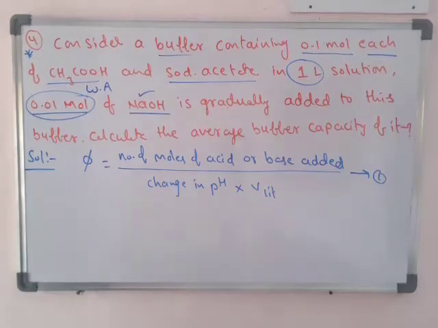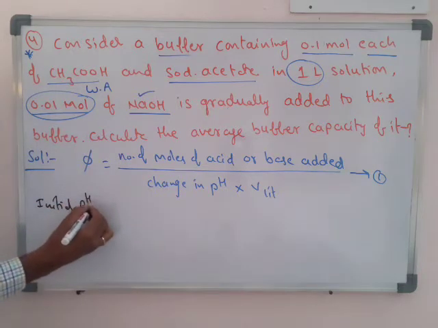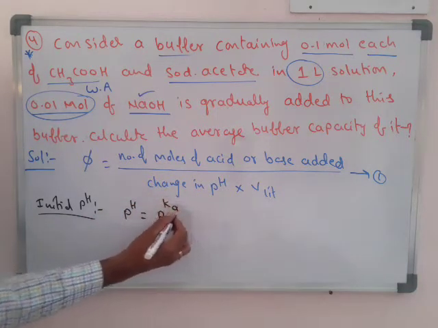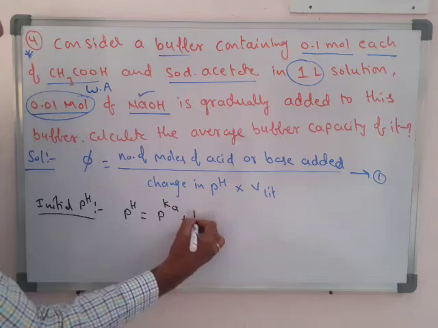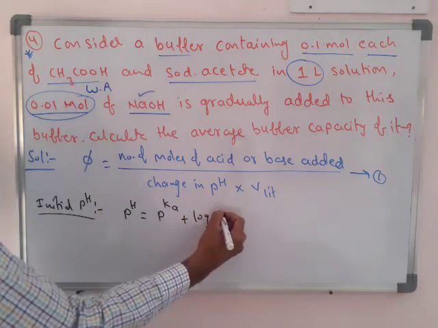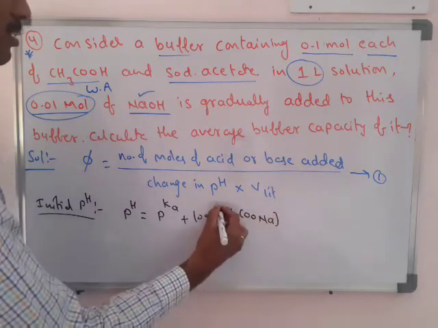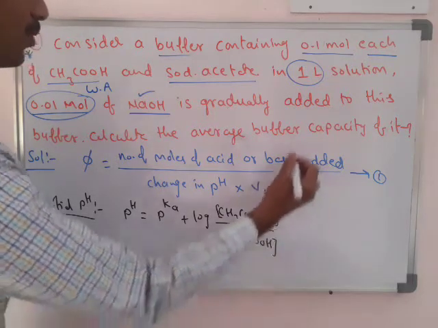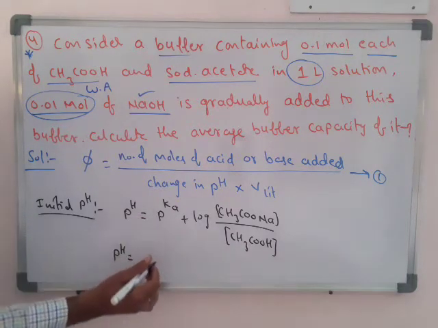So at first, before the addition, we calculate the initial pH. Initial pH of buffer, pH equals pKa, in the brackets it is also given, 4.7, plus log of salt, what is the salt, CH3COONa, salt concentration by weak acid concentration. Actually in the problem itself the pKa is given, that is 4.7.